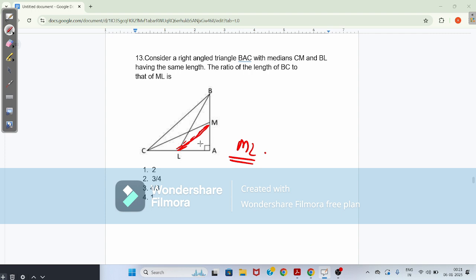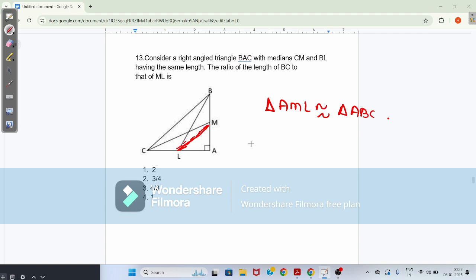When these two triangles ALM and ABC have been formed, these two triangles will become similar to each other. So triangle AML is similar to triangle ABC. When two triangles are similar, their ratios will be equal.